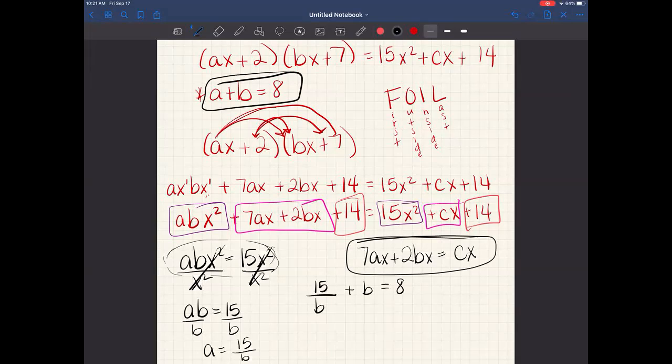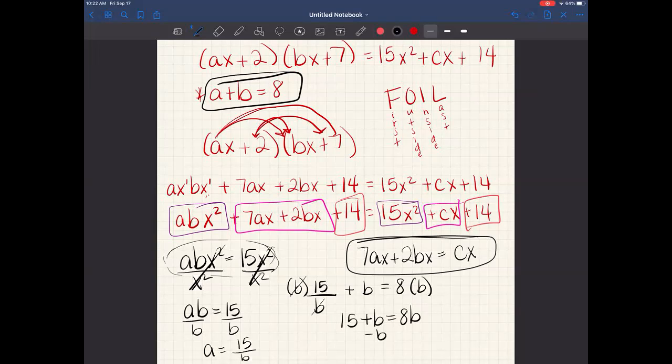Okay, so far so good. Now, I need to get rid of this fraction, so I'm going to multiply by b, which gives me 15 plus b squared equals 8b. Now what do I do? Just combine like terms.